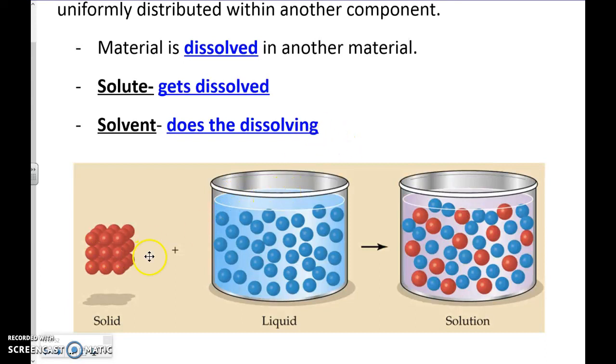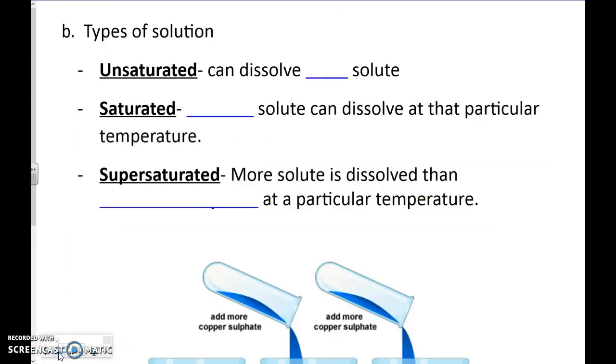So as you can see from your little picture that you have in your notes, solid getting into a liquid makes a solution, like salt water, sugar water. This is your Kool-Aid there. Okay. Now there are different types of solutions, and it does depend on what you have. The first is the unsaturated solution.